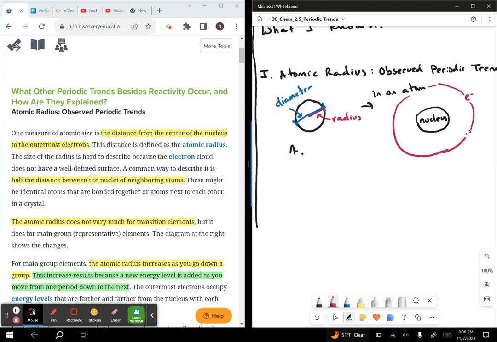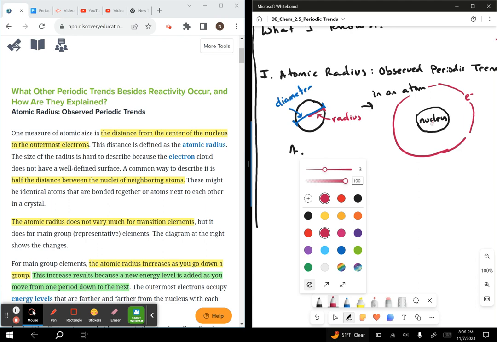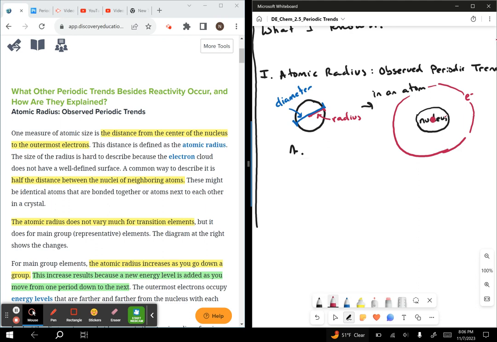There's the electron. So atomic radius in this situation would be from the center of the nucleus all the way to the edge, and that's what they're referring to as the atomic radius. This would be the outermost electron.